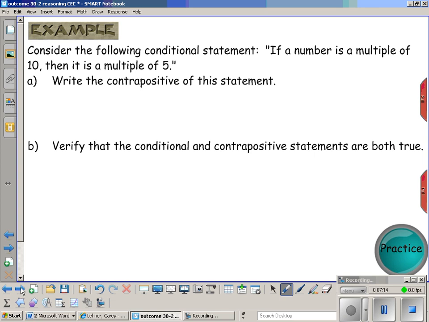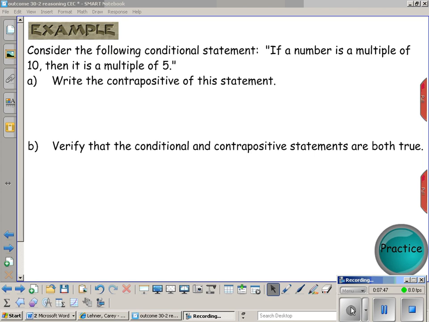Consider the following conditional statement. If a number is a multiple of 10, then it is a multiple of 5. We want to write the contrapositive of this statement. So remember, the contrapositive is the negation of the converse. So we are going to have to not only put the not in our statement, but switch the order of this statement.